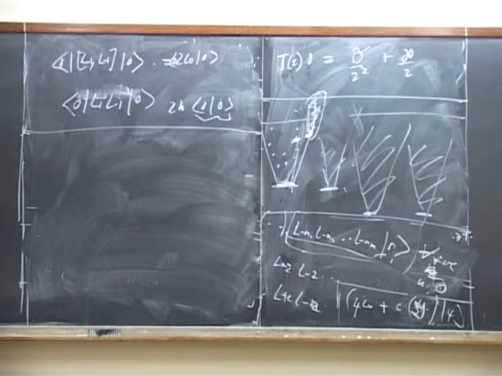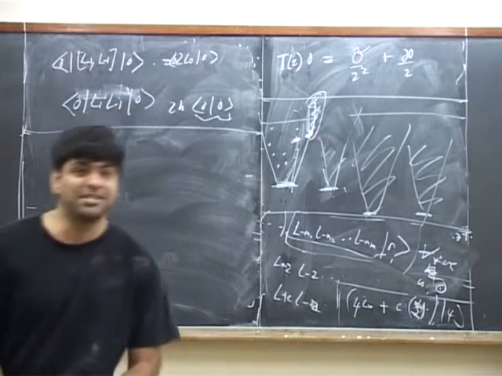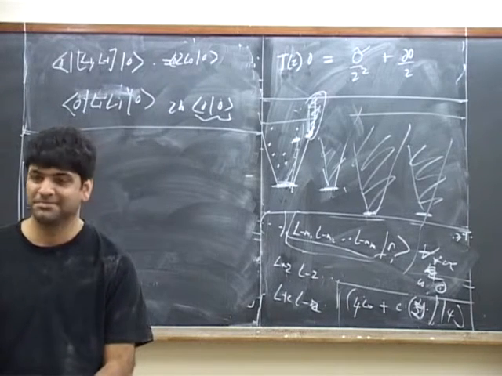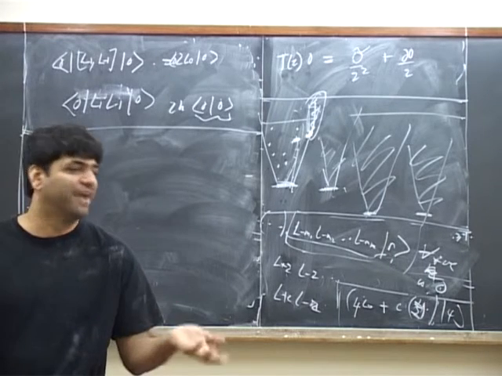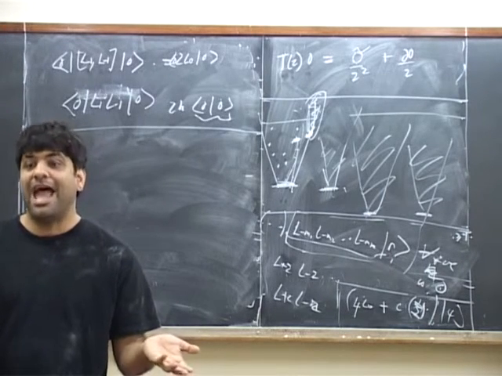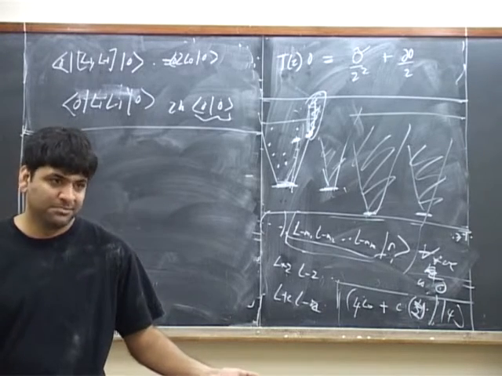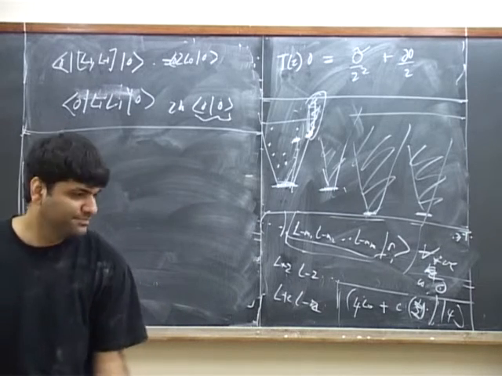Let's address the first thing. Since we proved that every primary operator has dimension greater than 0, it immediately follows that every operator has dimension greater than 0. Because if there is an operator with negative dimension, and it's not primary, then there must exist a primary with negative dimension, because you can keep lowering the energy of that operator until you get to a primary.